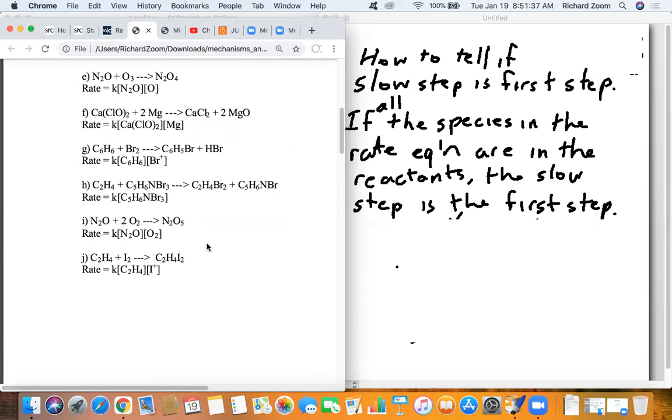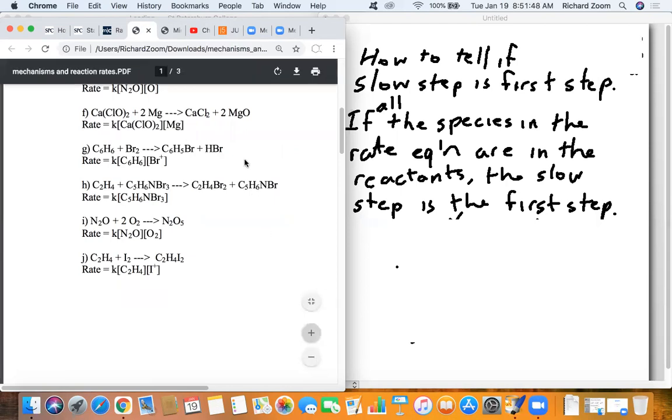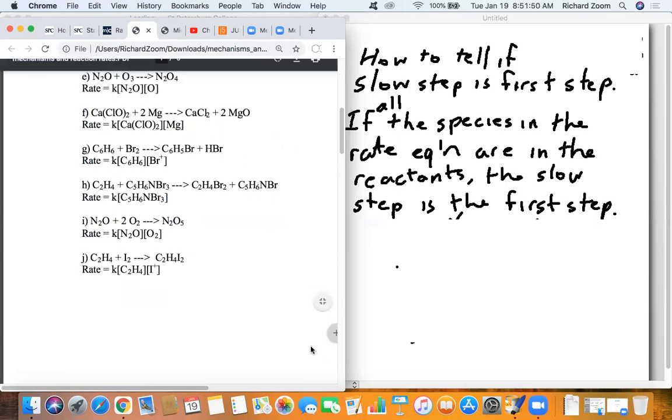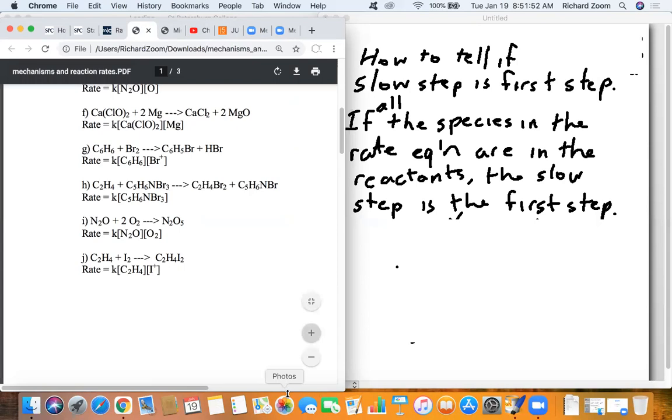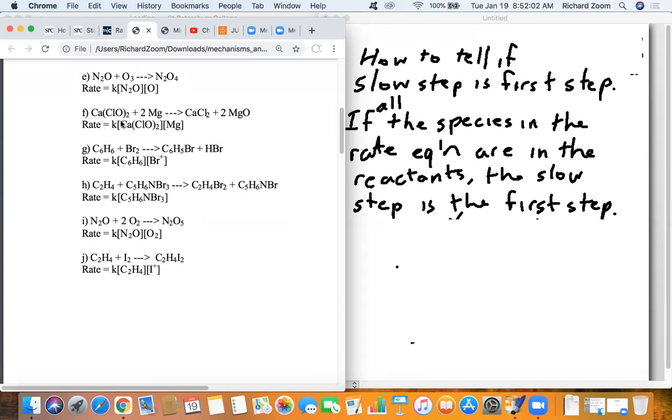Is the slow step the first step in E? Okay. I'm going to go ahead and end the poll here. This is what we come up with. So 15 people said yes, 11 people said no.